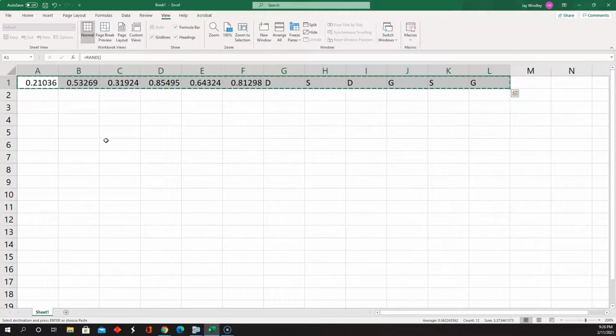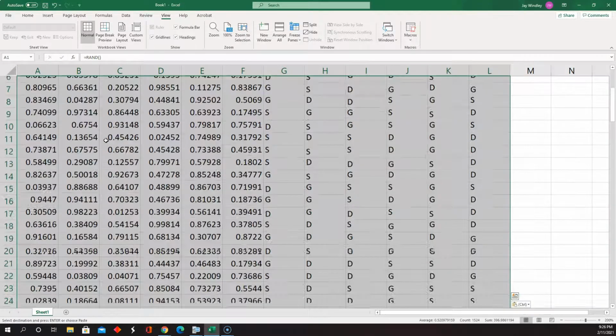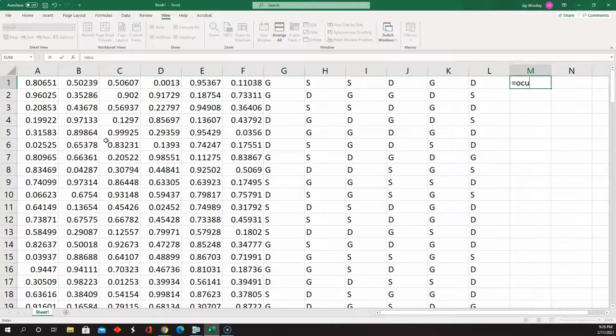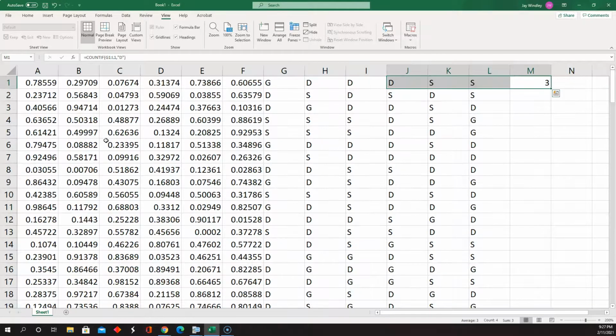And let me copy that and do that a whole bunch of times. And then, like we were talking about before, we're going to count among G1 through L1 the number of day shift that we have.